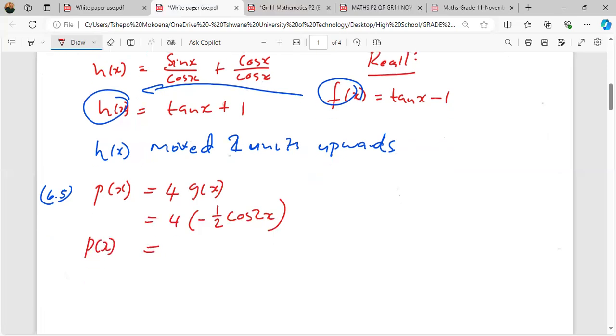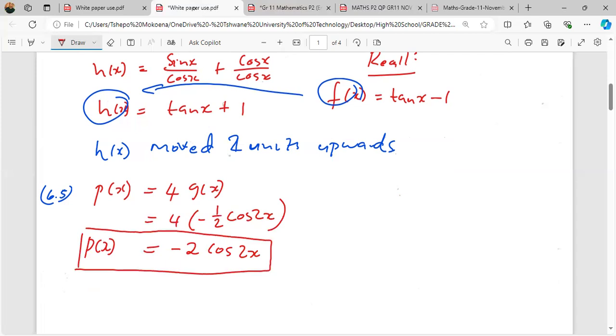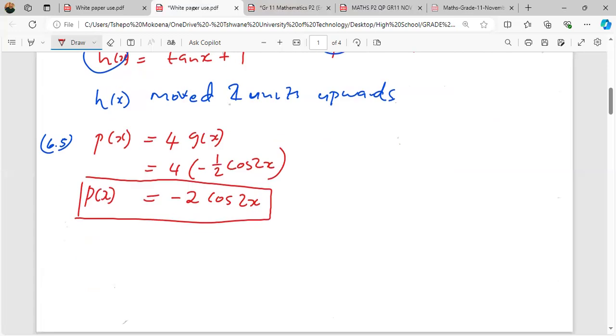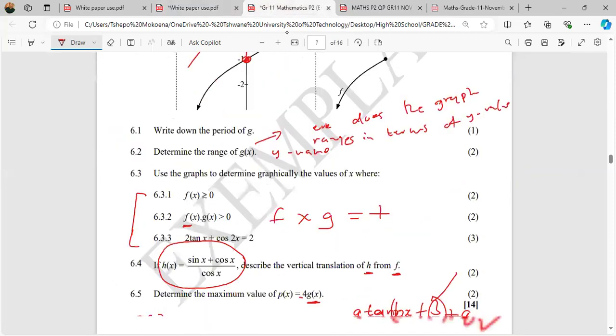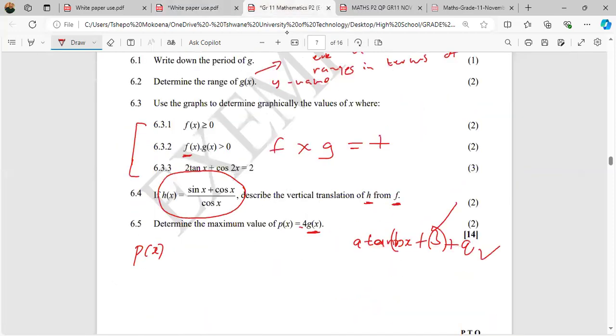So this multiplied by that, we get negative 2 cos 2x. This is the graph of P. Awesome. So what was the question? The question was, determine the maximum value of the graph of P.